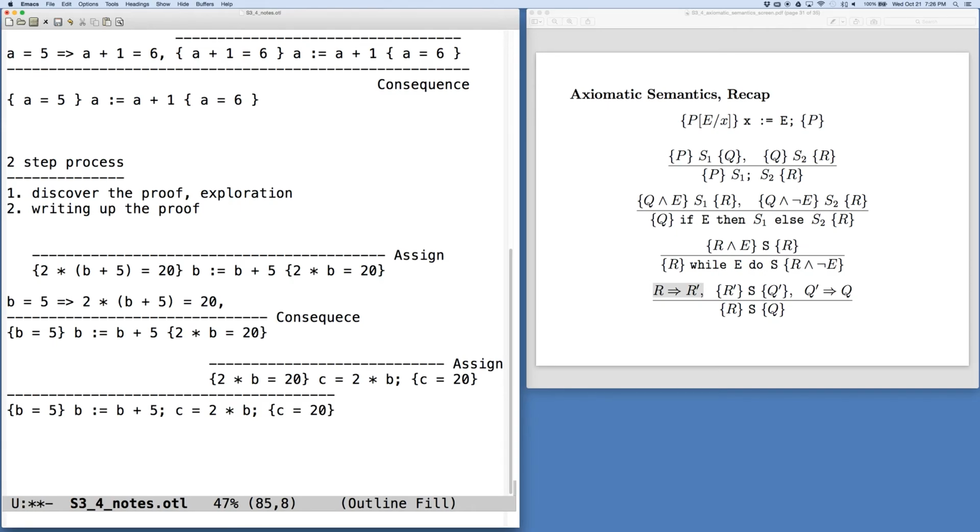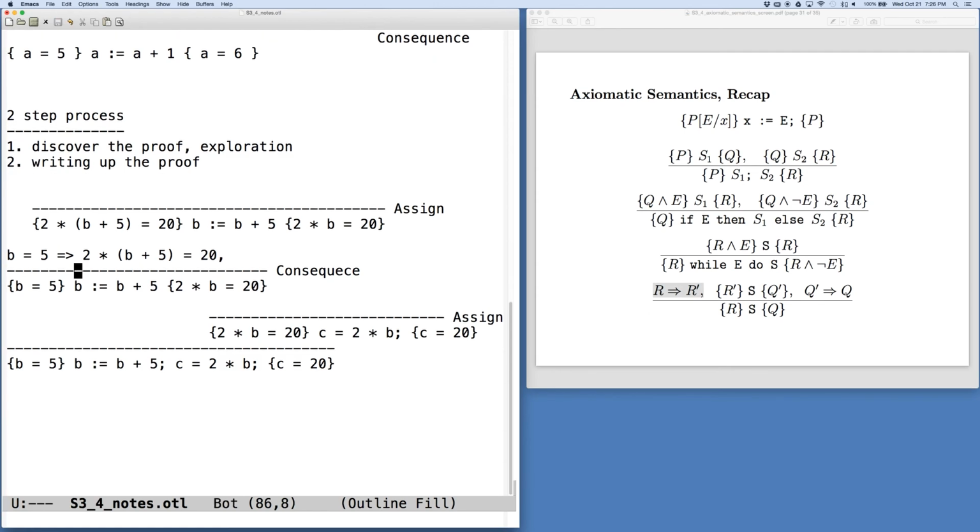So here we are now stepping out of the logical framework for axiomatic semantics and making a claim in another logical framework of integer arithmetic. And so in that case, for these integer arithmetic expressions, we don't formally prove those. We rely on our intuition and experience to be sure that those are correct. All right, so that's our second one.